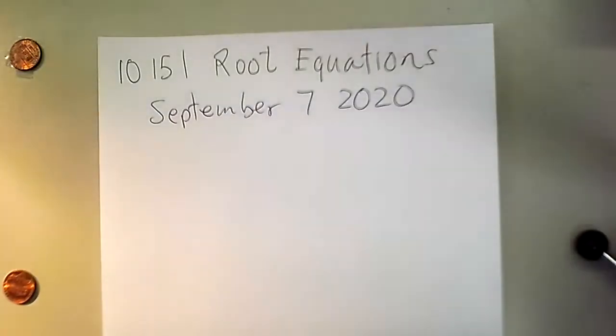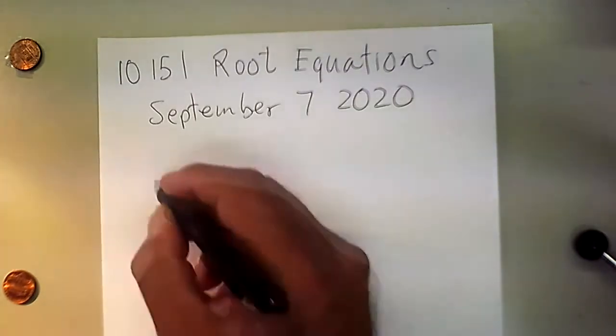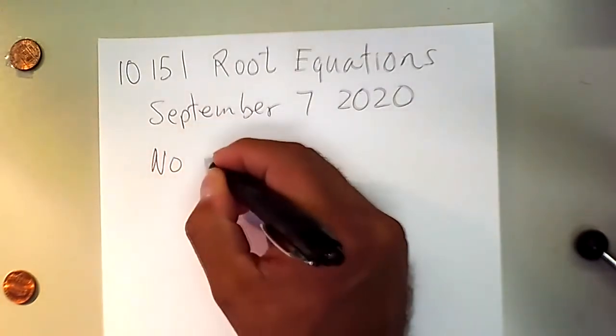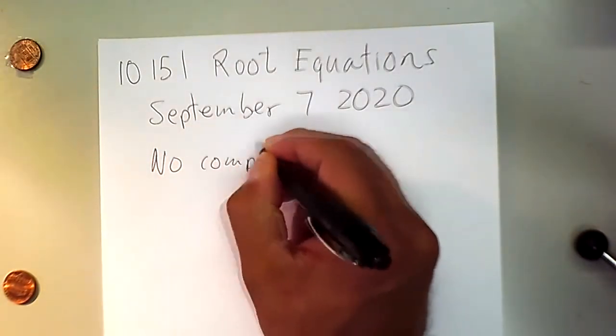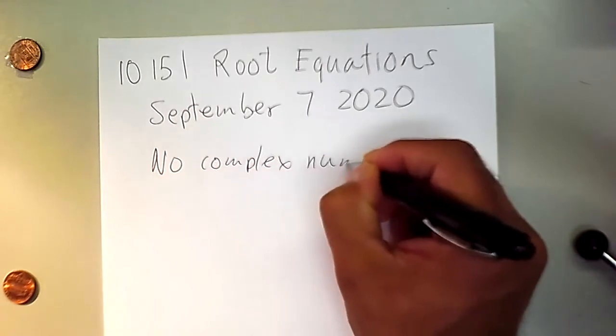The first thing we want to establish when we are solving root equations is that in this video, at least, we are not going to use any complex numbers. So no complex numbers.